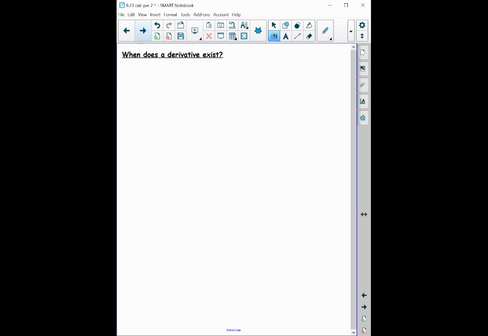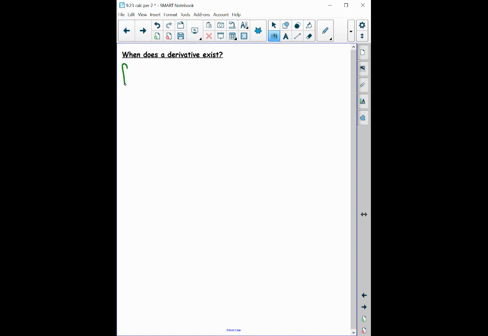Okay, moving along. Now let's talk about when a derivative exists. The idea here is that we are going to figure out when a derivative exists and when it doesn't. If I were looking at something, I would want to know if it has a derivative function. We would say that if the derivative exists at a point, the function is differentiable.